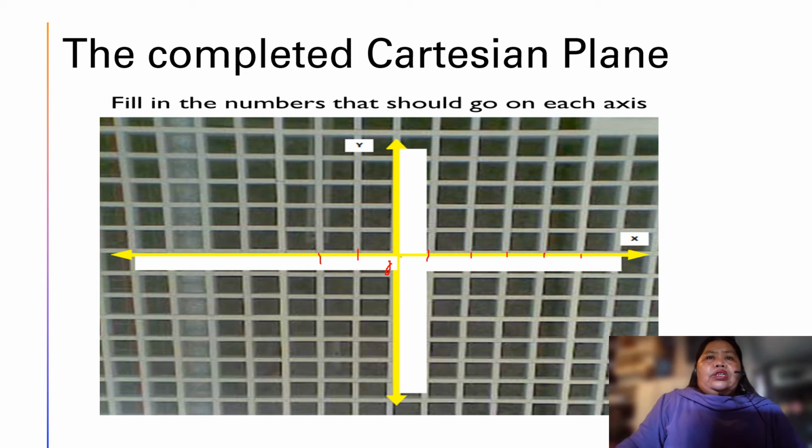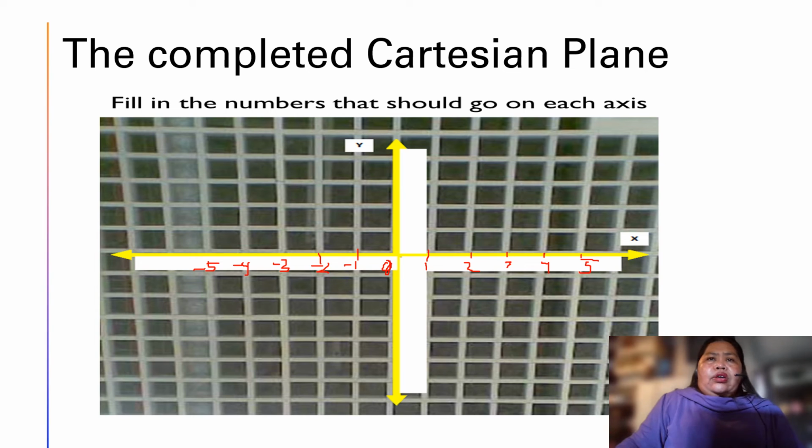So your origin is 0. So all positive here: 1, 2, 3, 4, 5. On the other side, we have negative 1, negative 2, negative 3, negative 4, negative 5. Okay.